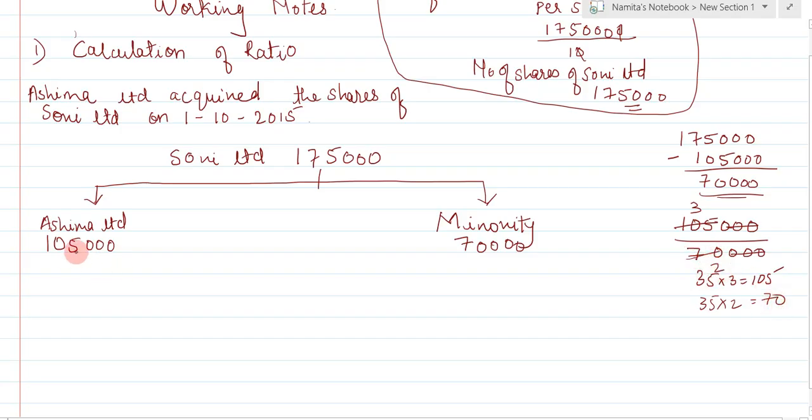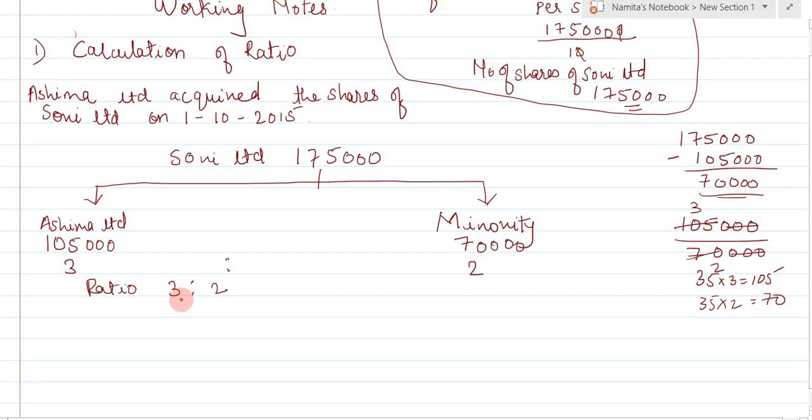Okay, so the ratio is 3:2. Therefore the ratio is 3:2. So the share of Anshima Limited is ratio 3, and the share of minority is ratio 2.